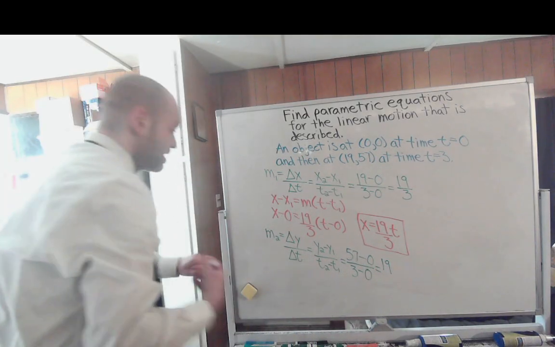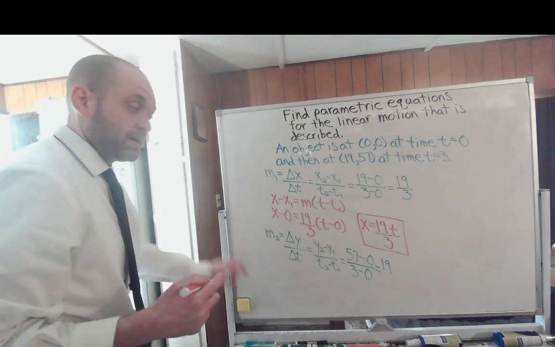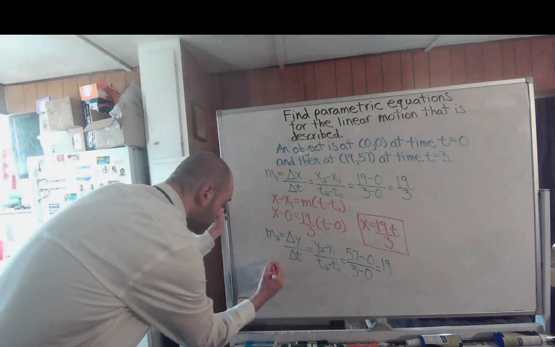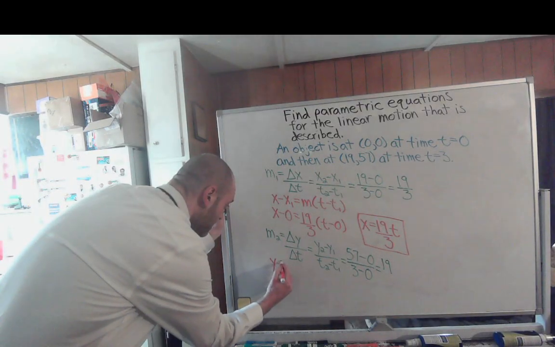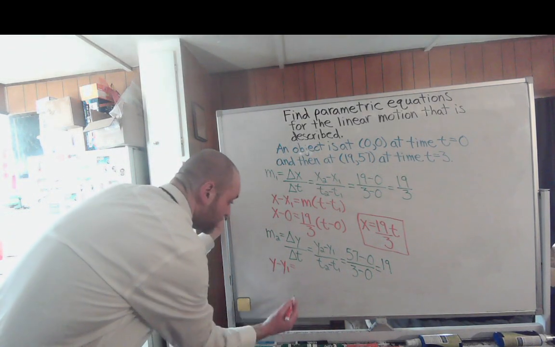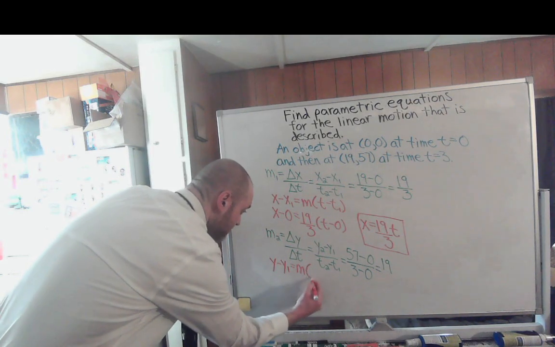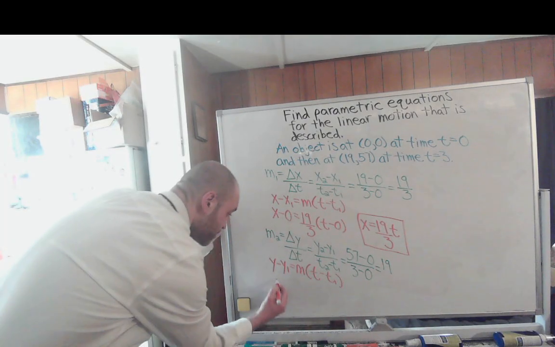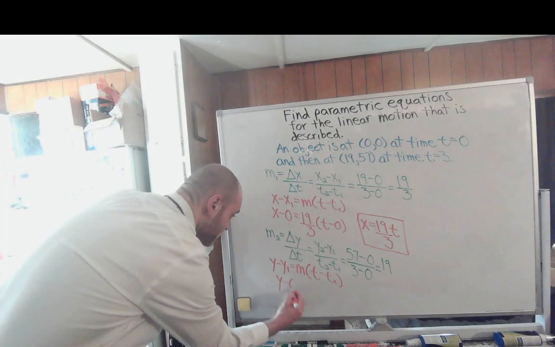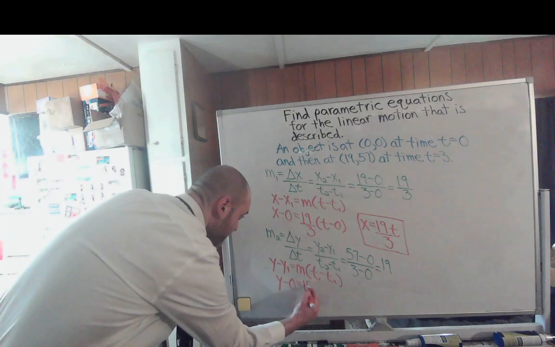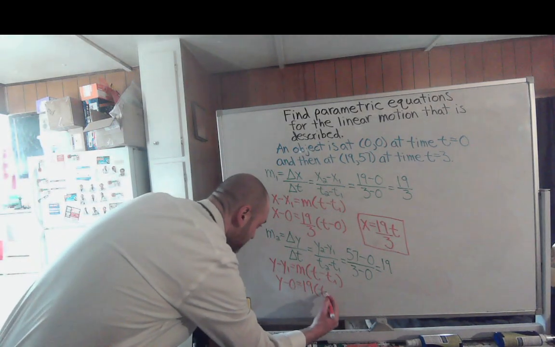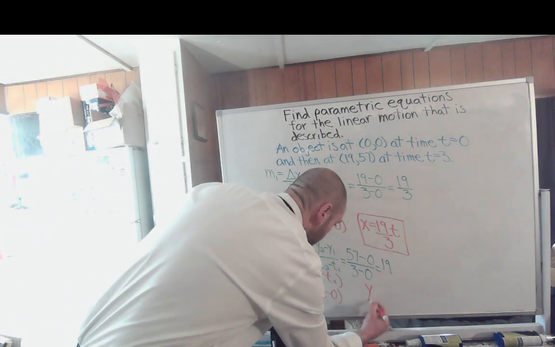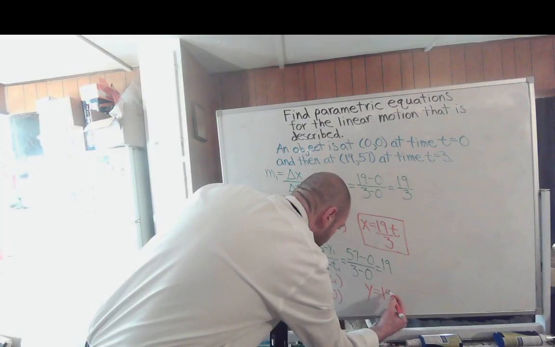Now you're going to do much the same: put this into point slope form. Since y is your dependent variable, you would take y minus y sub 1 equals m times t minus t sub 1, which in this case is y minus 0 equals that slope of 19 times t minus 0, which will literally just give you that y equals 19t.